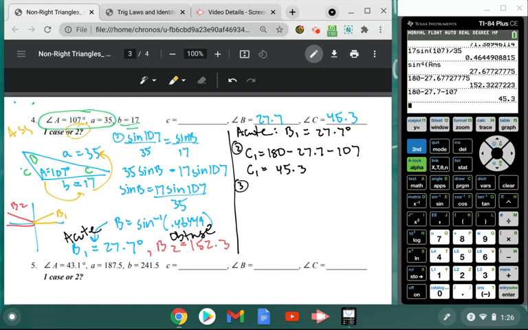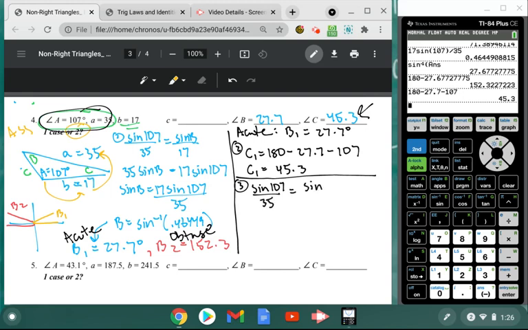Okay, and then we want to do step number 3. We're still missing side C. So for side C, I'm going to go back to my given information and I'm going to pair it with the angle that I found and use another law of sines. So I'm going to do sine of 107 over A, so this is my A ratio, is equal to the C ratio.